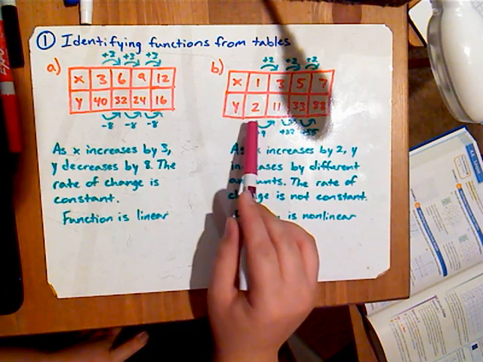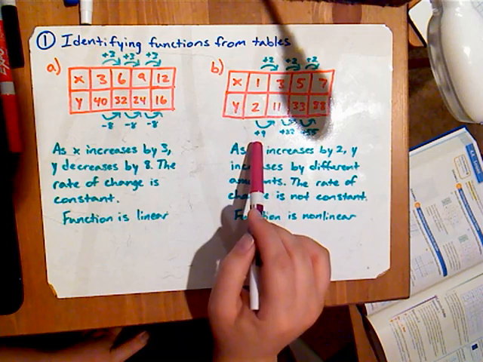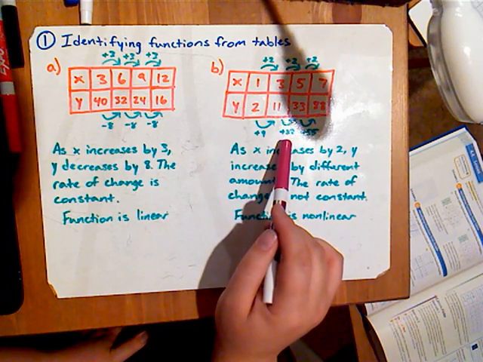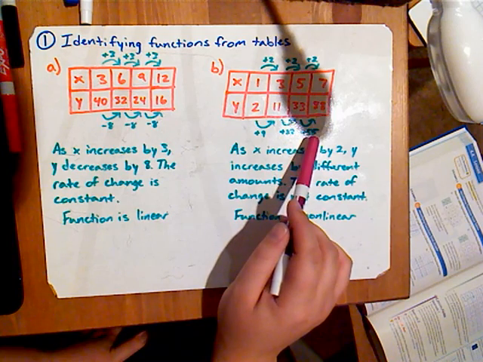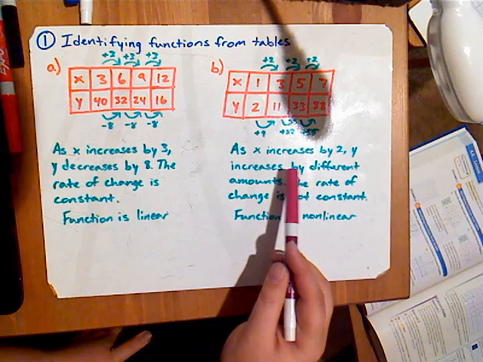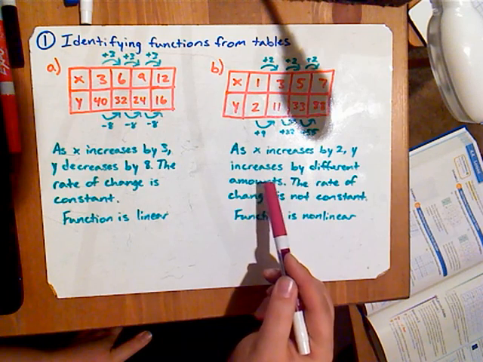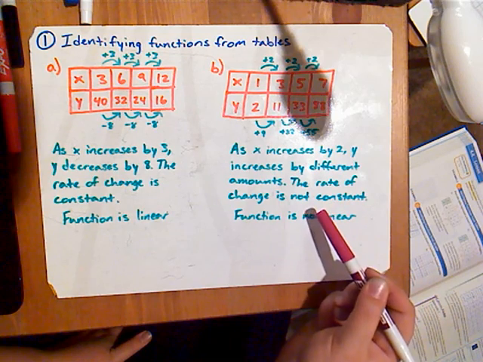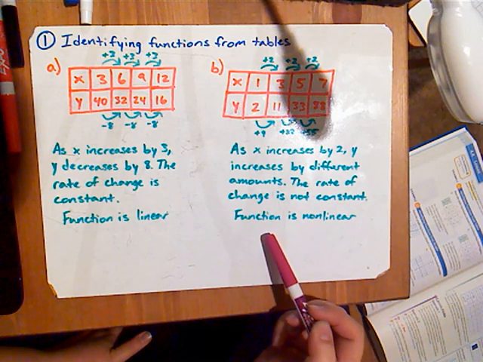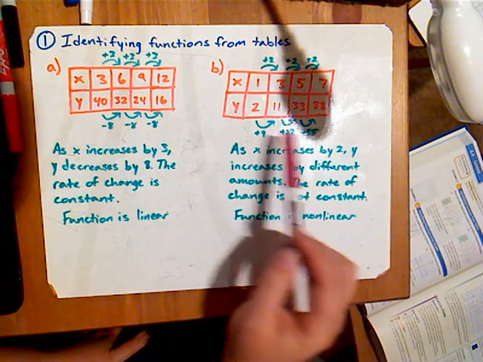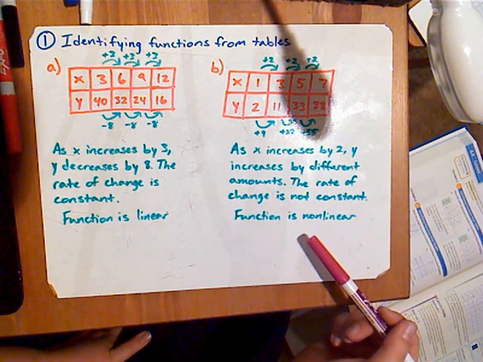With our y's going from 2 to 11, we add 9, 11 to 33, we add 22, and 33 to 88, we add 55. So as x increases by 2, y increases by different amounts. That means that the rate of change is not constant, and so this function is nonlinear. So table B is a nonlinear function.